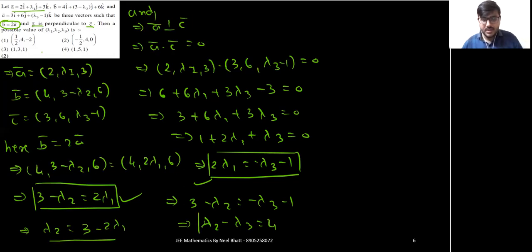Okay, now in this case, we can never get the answer. So the only thing we have to do is put the options in to satisfy them, because we have just two equations and three unknowns, so we can never find such a condition. When the number of equations is less than the number of unknowns, you are never able to solve these equations.